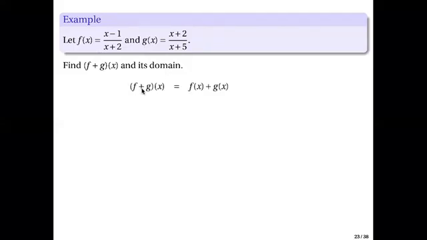So by definition, f plus g of x is simply f of x plus g of x. You just copy the function f and the function g, and then you add them. So now you are just adding rational expressions, and we have done a lot of this kind before.